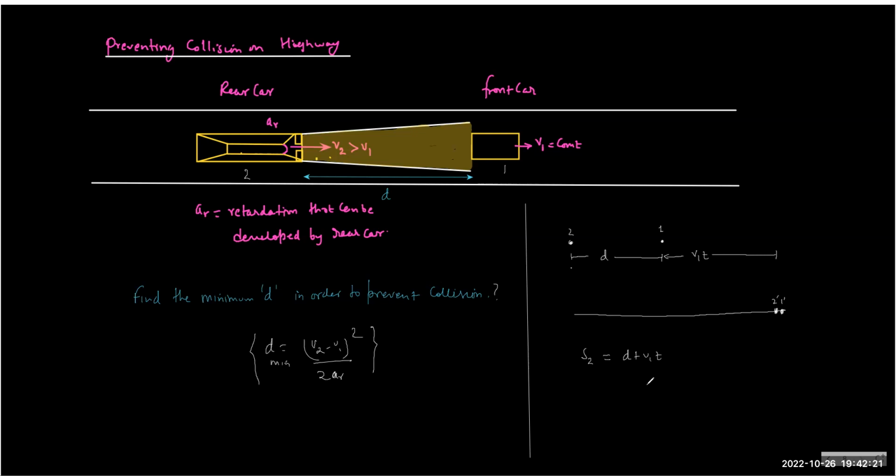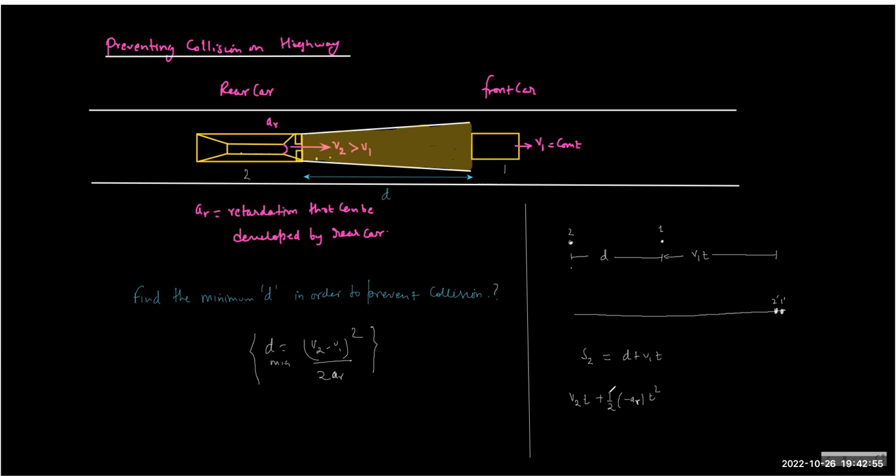But S2, now the formula which you have written, S2 you can write in terms of t. How to write S2? S2 will be equal to how much? ut, that is v2t plus half a t square, because in the same time, when the front car travels v1t, the rear car travels d plus v1t.